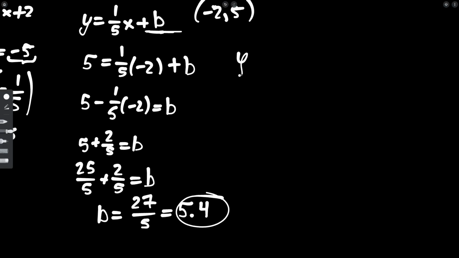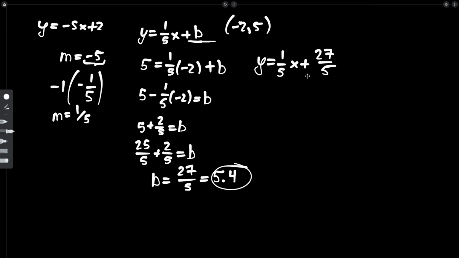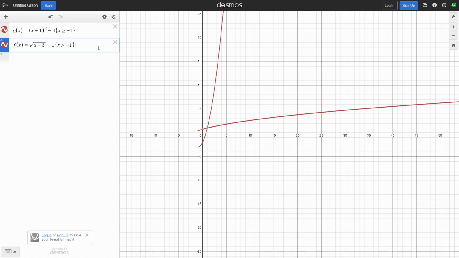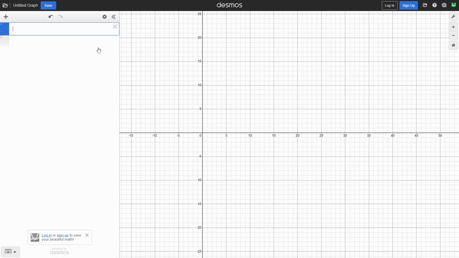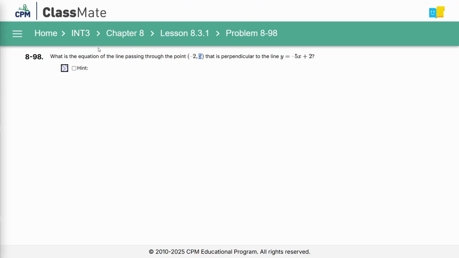So now we have our function y equals 1/5 x, not sure I put parentheses there, plus 27/5. And just to show that this works, let me use the graphing calculator. So we had y equals -5x plus 2, was it? Yes.